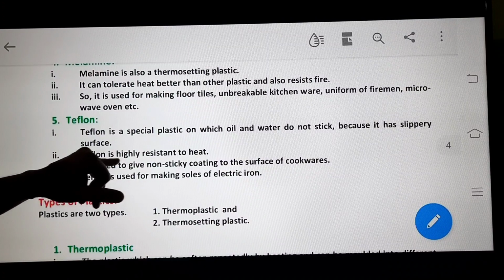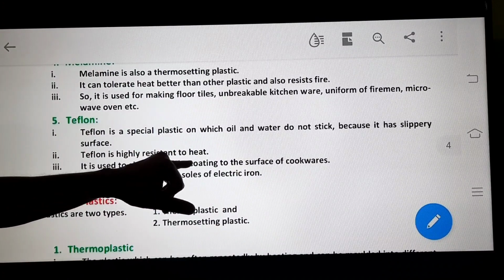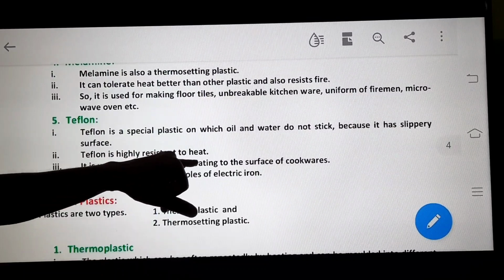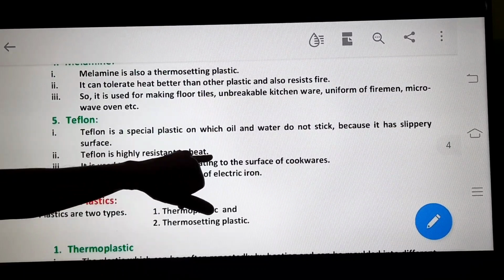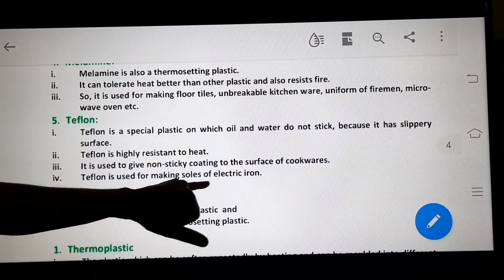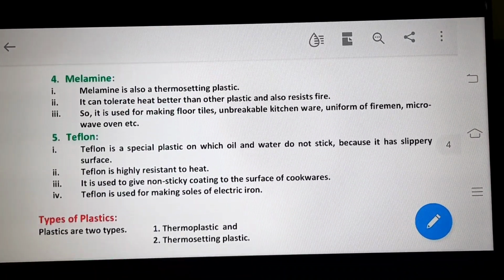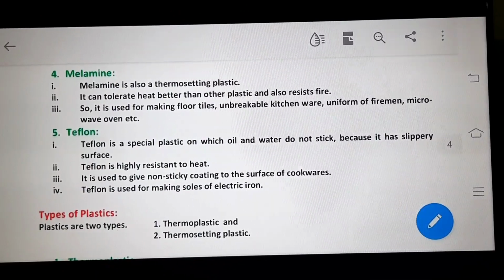And as it is thermosetting, it is highly resistant to heat, so Teflon is used for making the sole of electric irons. So these are the different types of plastics.